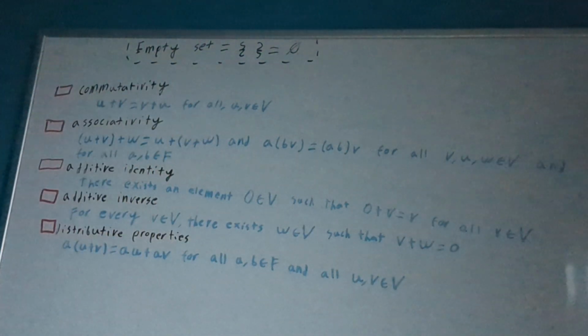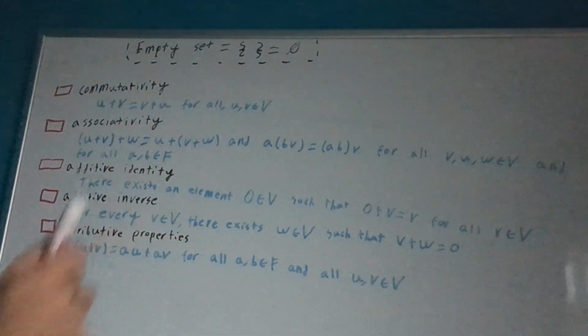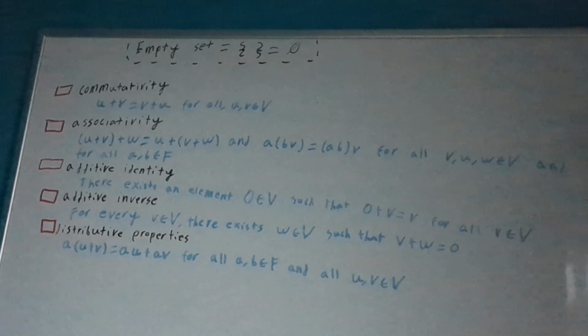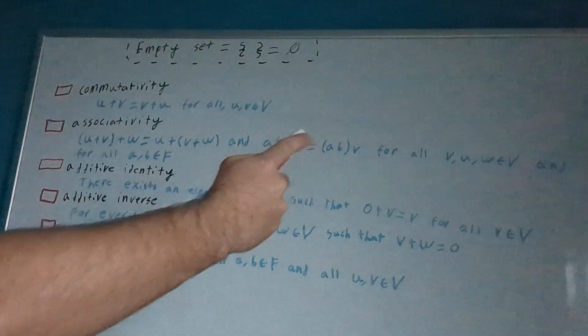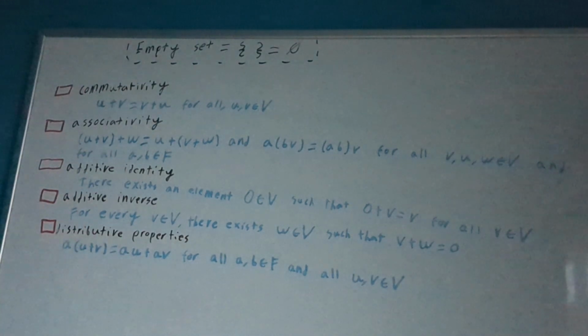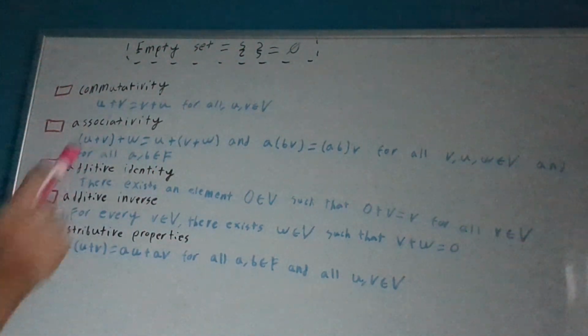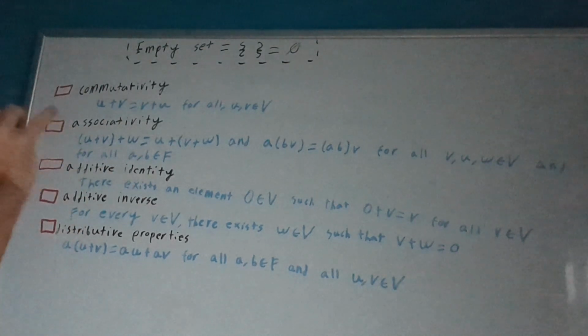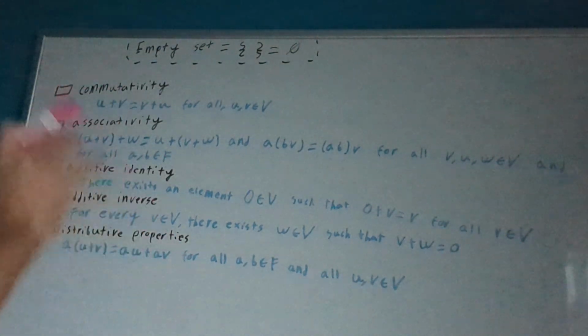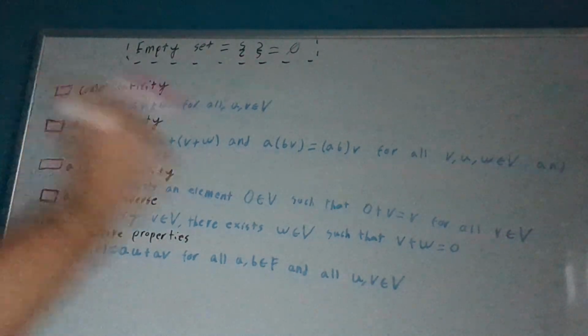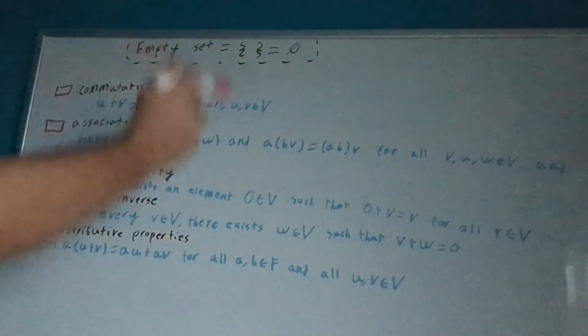So is the empty set commutative? Well, let's read the definition. U plus V equals V plus U for all U and V inside uppercase V. In our case, uppercase V is the empty set. Okay, that's the set we're working with. Now you might be thinking U plus V equals V plus U. Well, there are no U and V inside the empty set, so it fails at this.